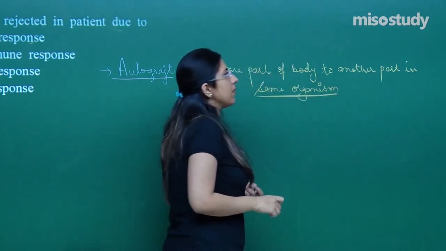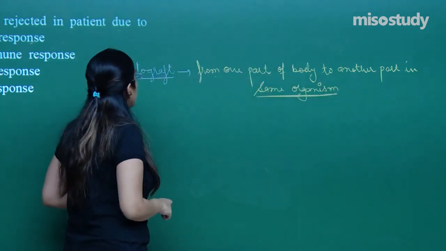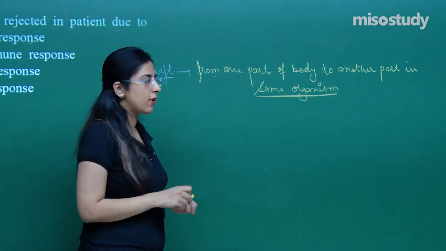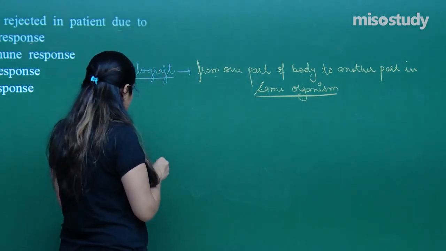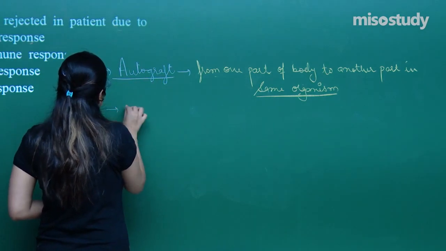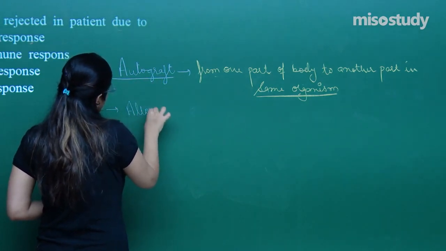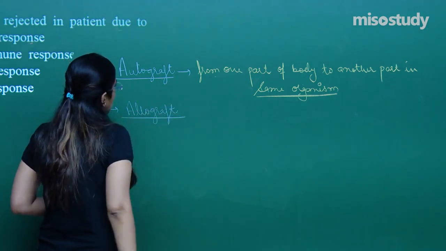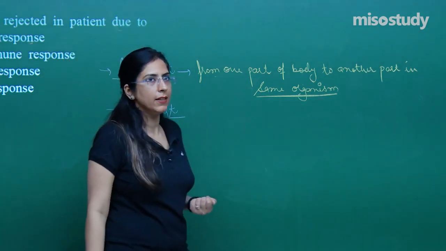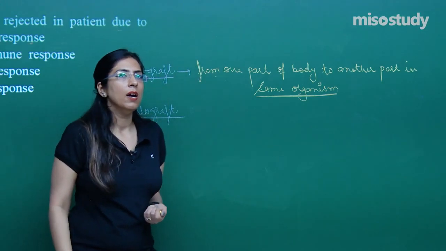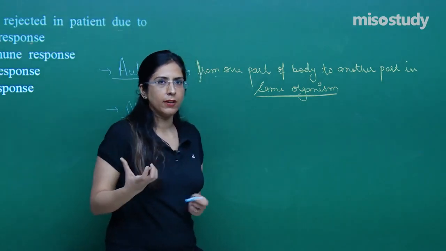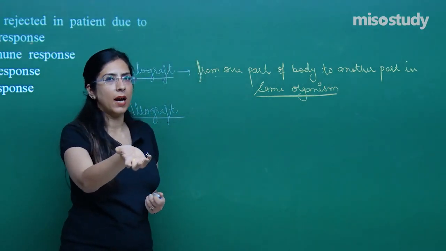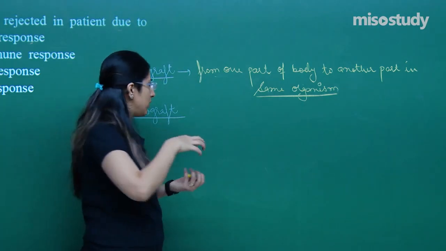In the same organism, if I go like this, that is called an autograft, right? Now let's talk about the second, which is called an allograft. Suppose one of my organs is not working. Now what I will do, I'll take that particular organ from a different organism belonging to the same species.